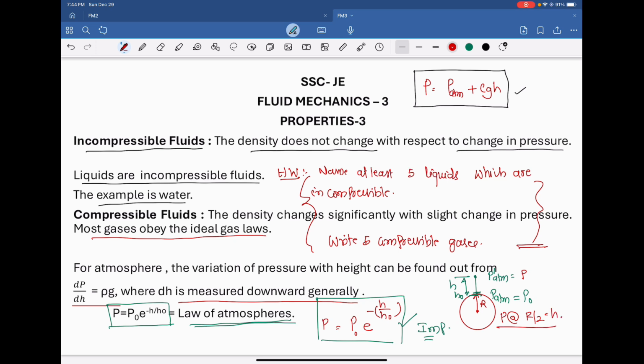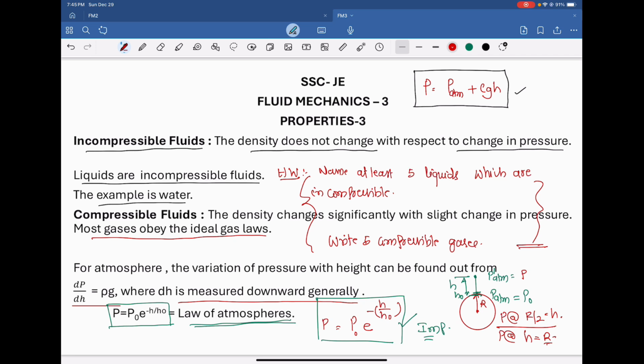This is the equation. That means the atmospheric pressure changes exponentially with respect to height from the Earth's surface. Please remember, this is the law of atmospheres.